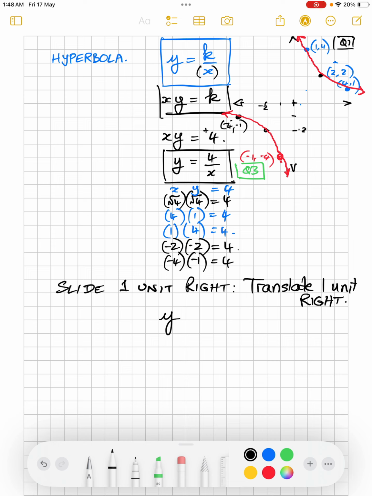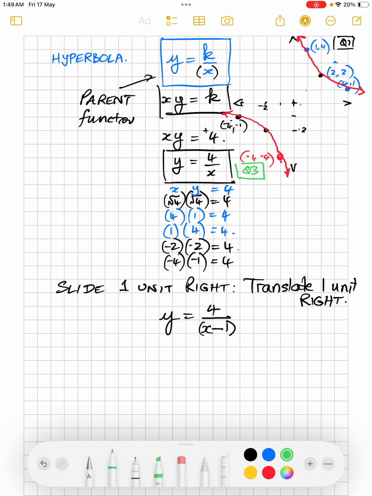This will become y equals 4 over, and it was x. This is like a parent function up here where we have no translations whatsoever. And let's translate 1 unit to the right. So it's 1 unit to the right. We put a minus in here. If it was 1 unit to the left, that, in fact, yes, would be a positive 1.